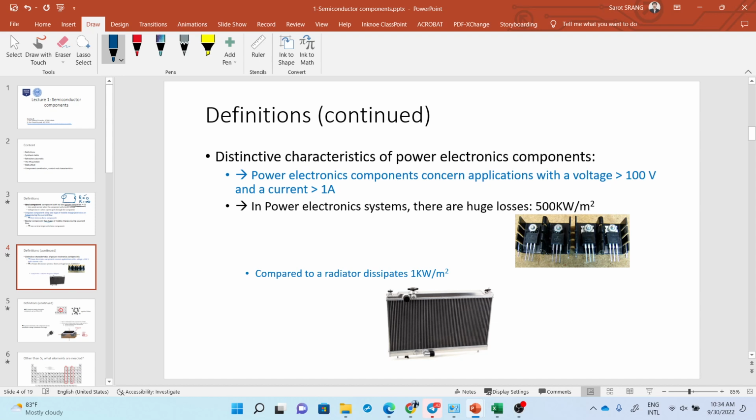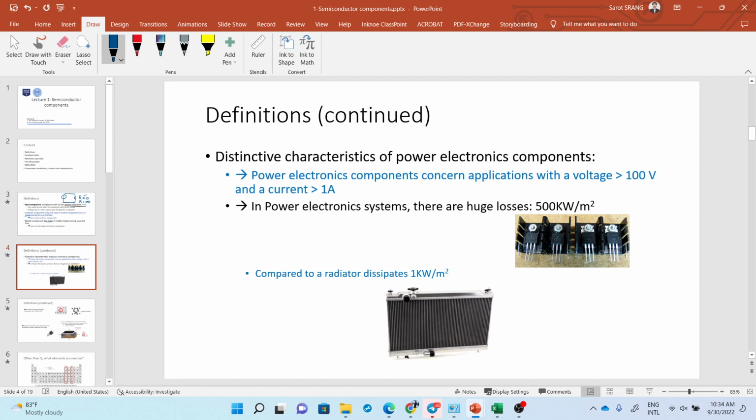That's why when you buy components like a small buck converter or boost converter used with small electronics, you don't need to care so much whether it's going to burn out or some component is going to break. You don't really care. In a power electronic system, there are huge losses.